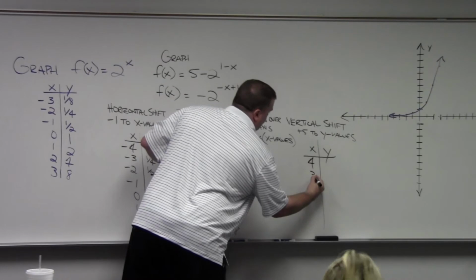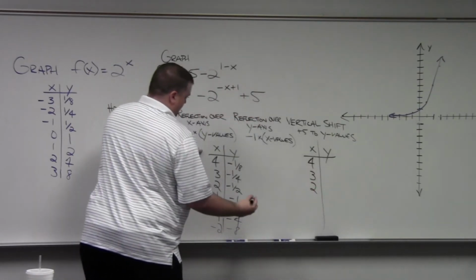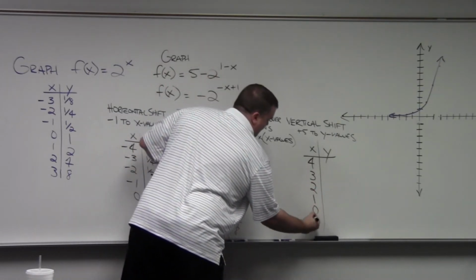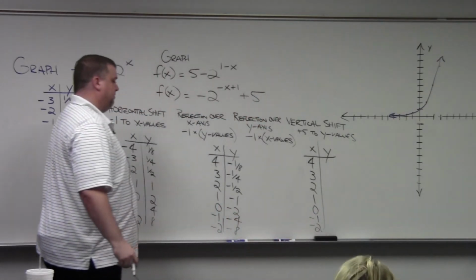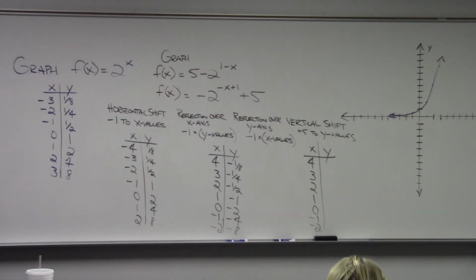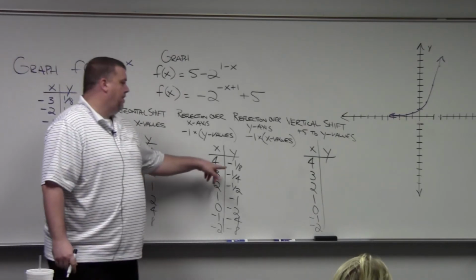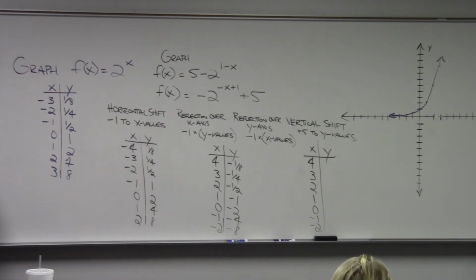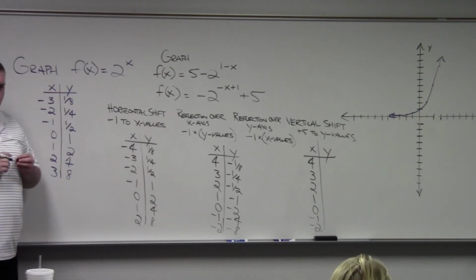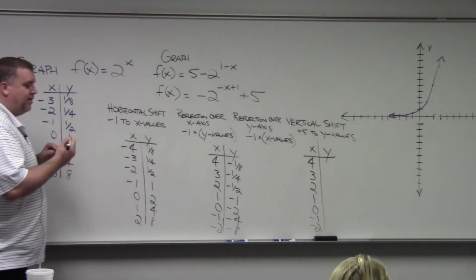So I'm just going to copy down my x values. So we're going to need to add 5 to all those y values. So if I add 5 to -1/8, we're going to do what we did earlier with common denominators. Has anybody figured that out yet? You guys waiting on me to do that?